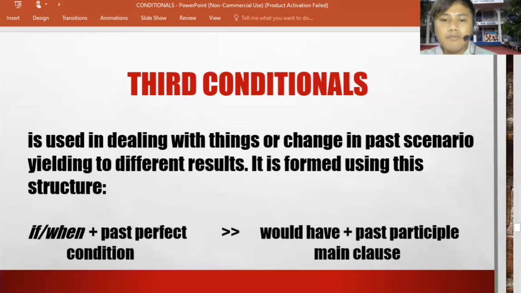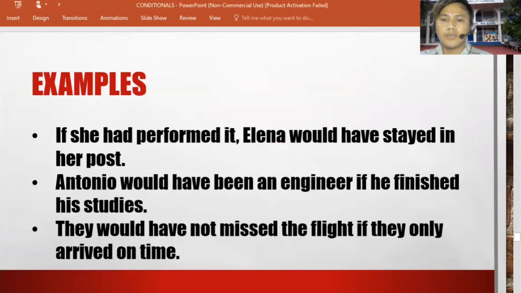So now let's move on to our examples. In our examples, there are three. Number one, if she had performed it, Elena would have stayed in her post.